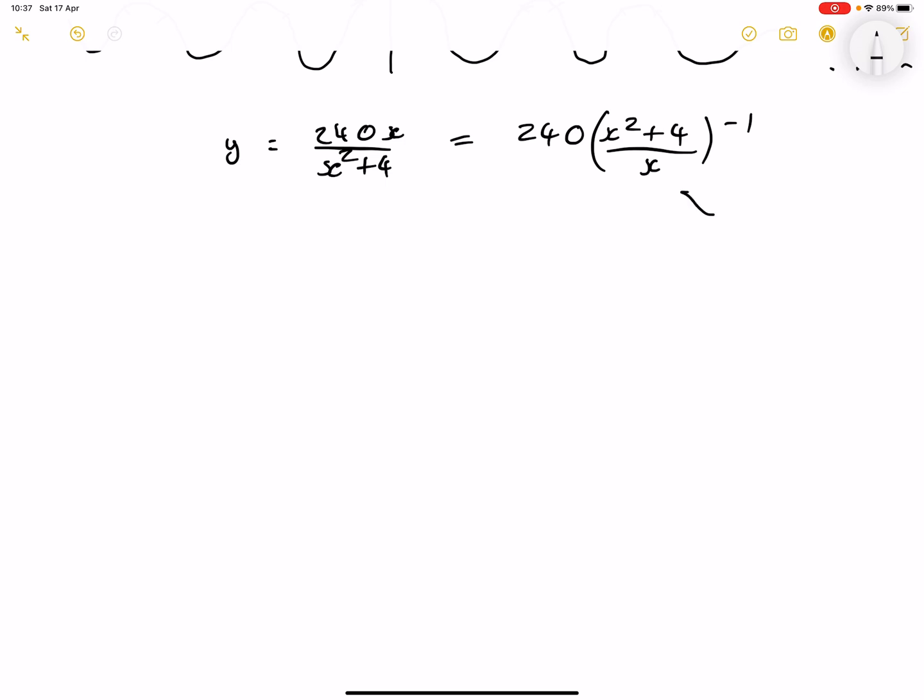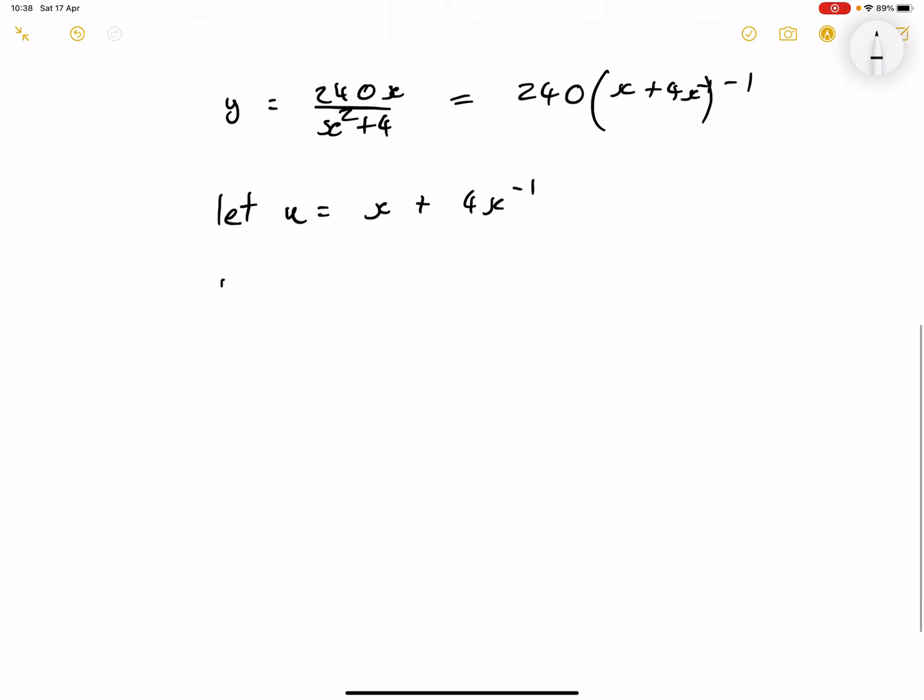Of course I can rewrite this bit as x plus 4x to the minus 1. And I'm going to let u equal x plus 4x to the minus 1, and y will be equal to 240 u to the minus 1.